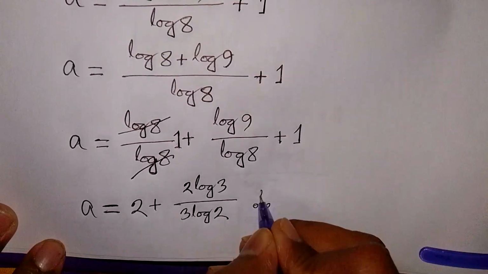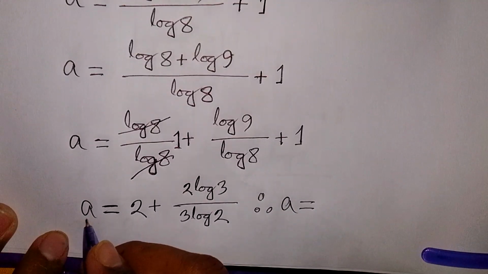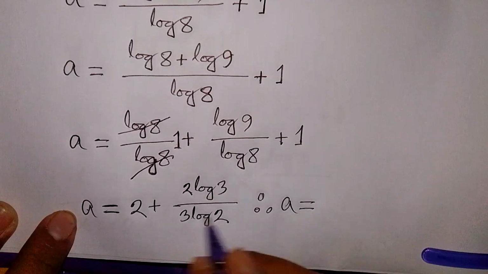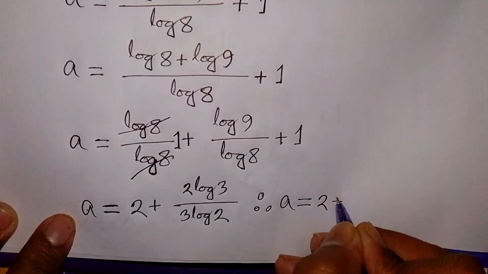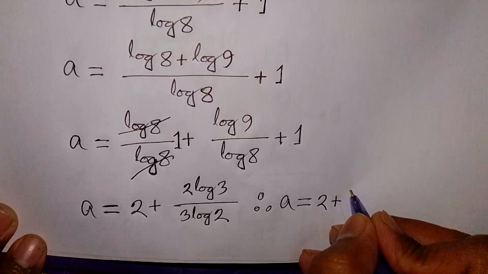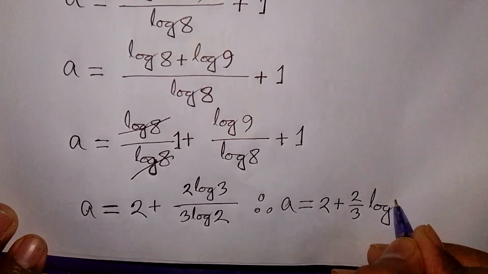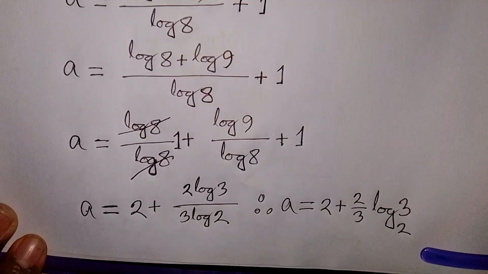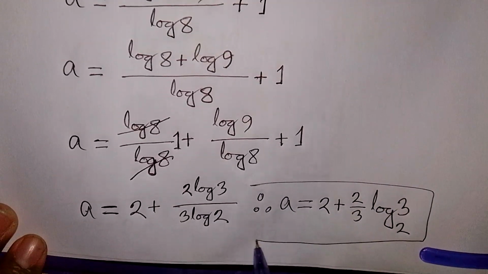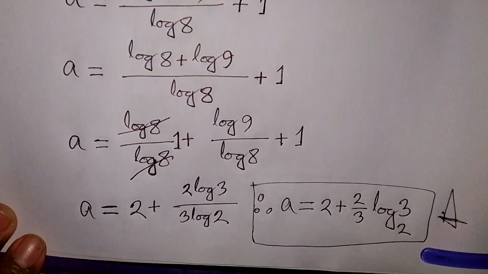So the value of A, it will be A is equal to 2 plus 2 log 3 over 3 log 2 is same as 2 over 3 log 3 base 2. This is the value of A. So this is our final answer.